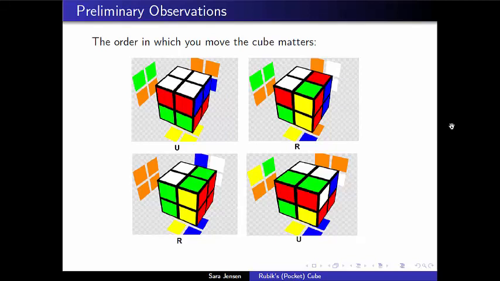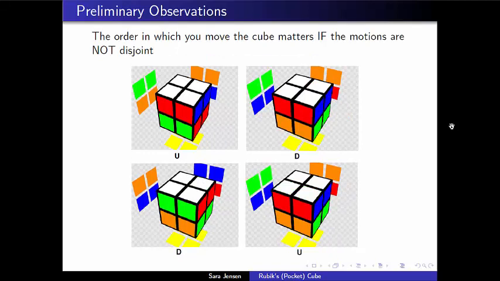However, there is something special going on here, because every now and again we get lucky and the order in which we do things on the cube does not matter. Figuring out precisely when this happens is really important to us. Here is a very understandable example with these basic motions.